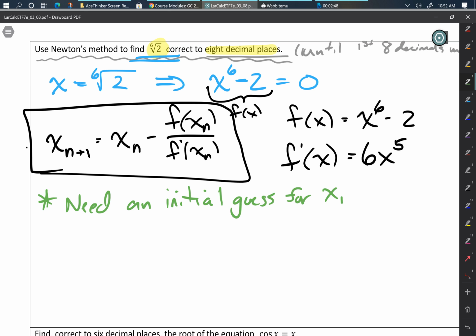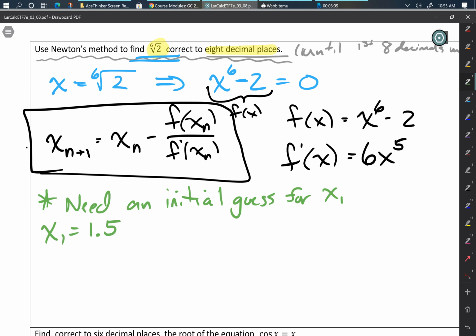And so I'm just going to say, well, I think that it's probably some number somewhere between 1 and 2. So I'm just going to say 1.5 and start there.